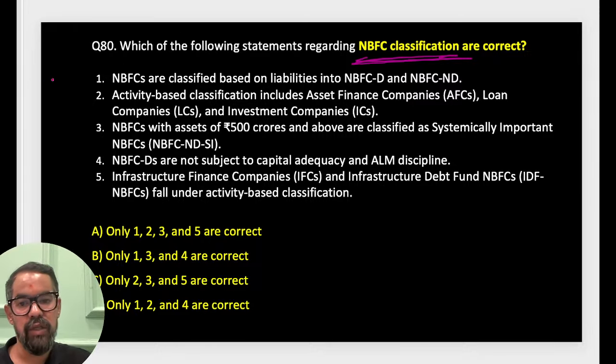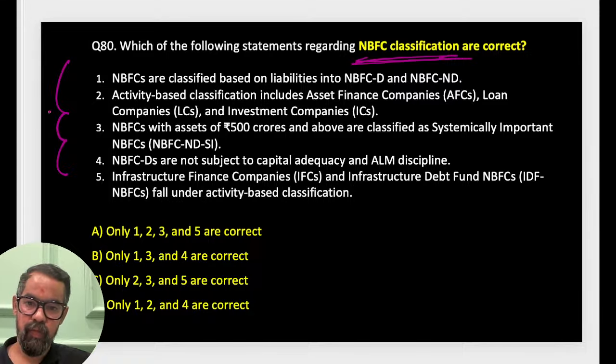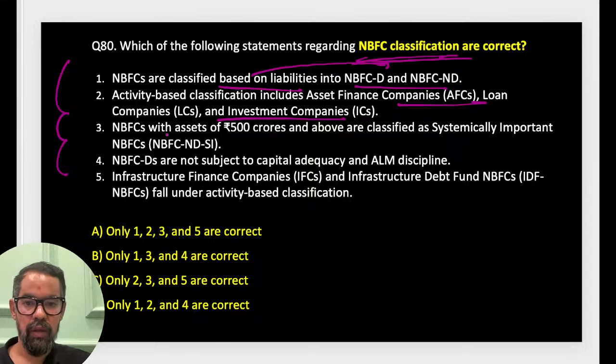NBFC classifications, which are correct? Liability based classification is this. Activity based can be this. 500 crore systemically important.